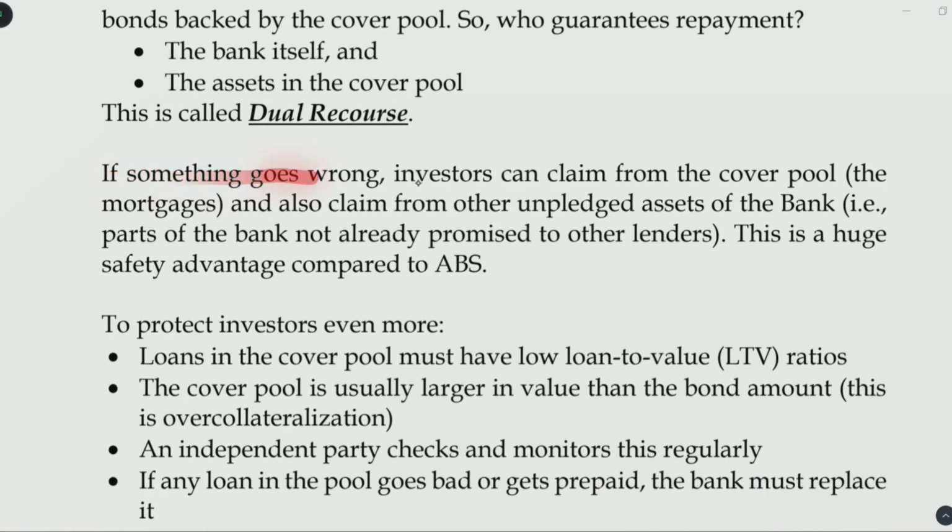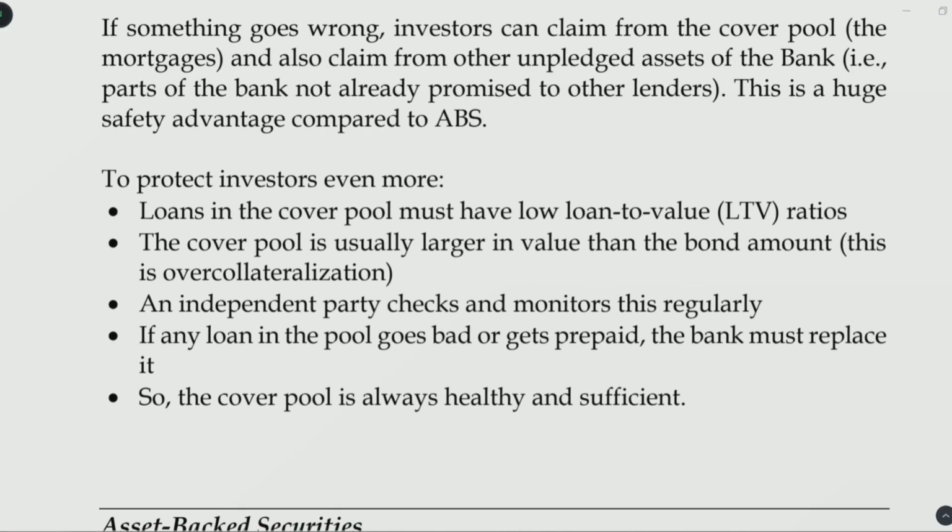If something goes wrong, investors can claim from the cover pool and mortgages and also claim from the unpledged assets of the bank, that is, part of the bank not already promised to other lenders. This is a huge safety advantage compared to ABS. To protect investors even more, loans in the cover pool must have low loan to value ratios.